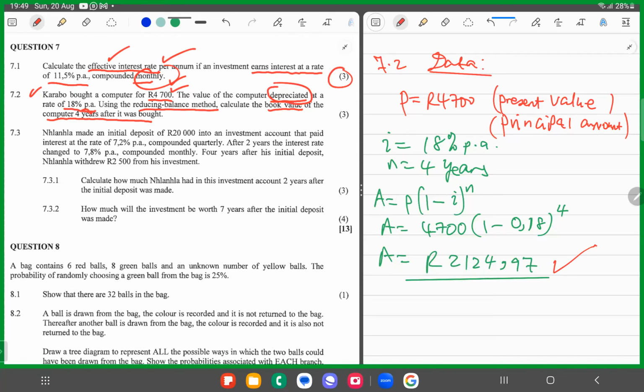It means now, using the reducing balance method, the book value of the computer 4 years after it was bought is 2124.97. The computer was bought for a total amount of 4,700 and it has now depreciated to 2124.97.